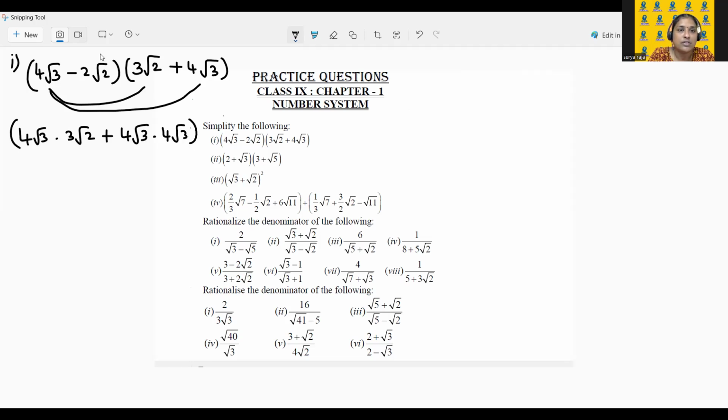Now, minus 2 root 2 times 3 root 2. And here, since it is minus into plus, again minus 2 root 2 times 4 root 3. Okay. Now, let me write this.